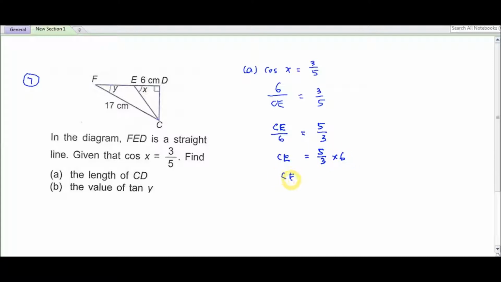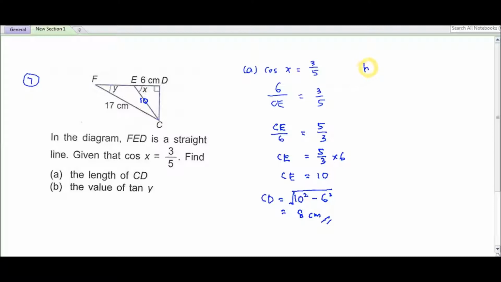Then you will get CE equal to 10. So now we know this is equal to 10. Okay, so use the Pythagorean theorem. You should be able to get the length of CD. CD is equal to the square root of 10 squared minus 6 squared, right? Just press the calculator and you should get 8 centimeters.